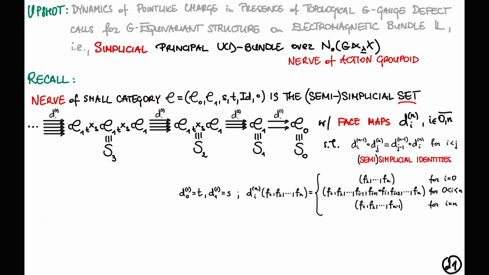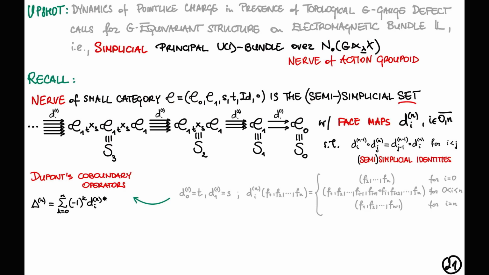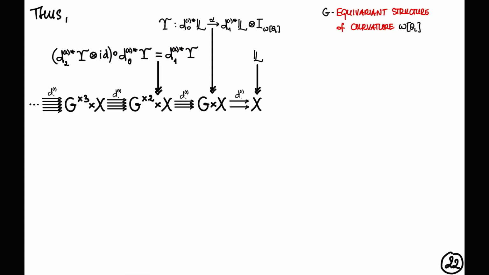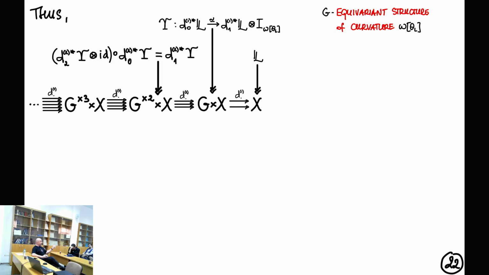I wanted to tell you a little bit about simplicial structures, but there are so many things that I won't be able to tell you about. The punchline is that in order to have a meaningful theory of gauge symmetry defects, which implement the gauging, and how so I will tell you in a moment, I need an electromagnetic bundle over X into which the segments map.